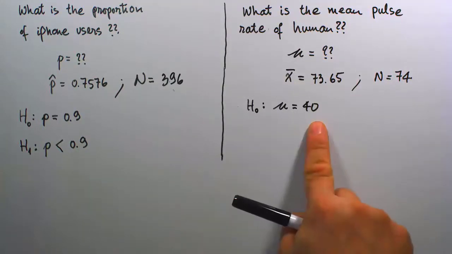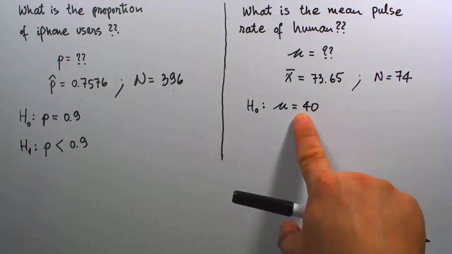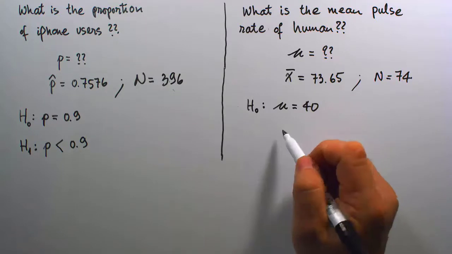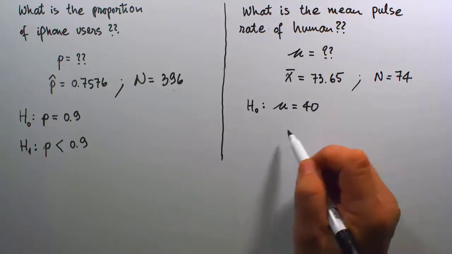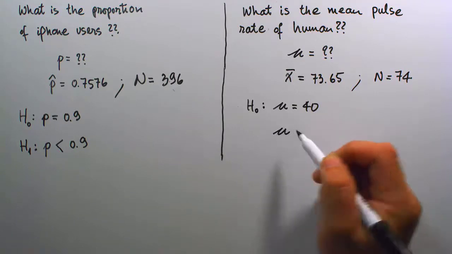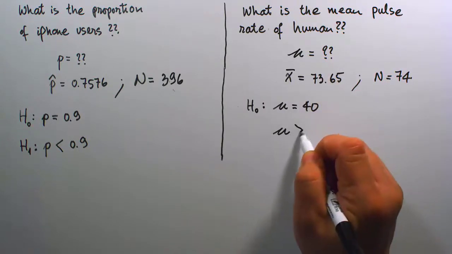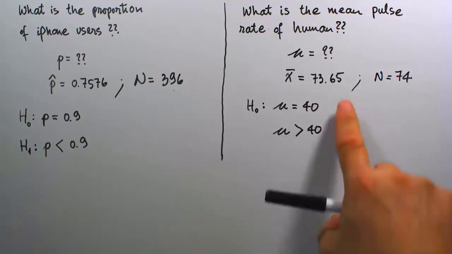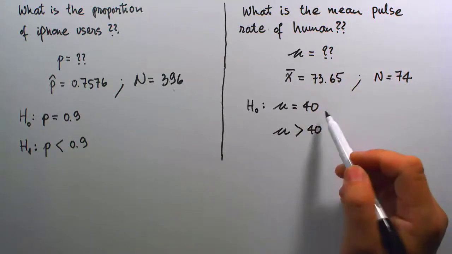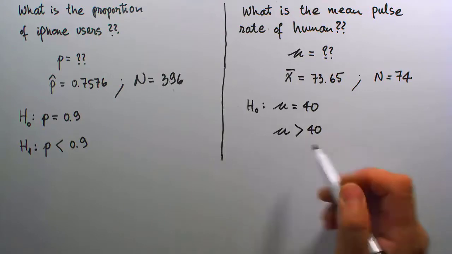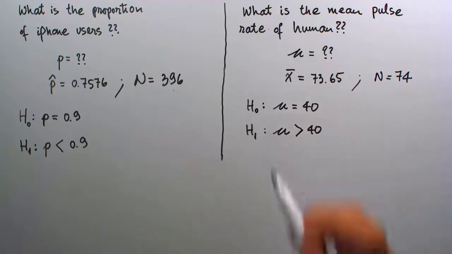Comparing this sample as our evidence with this stated null hypothesis, we can come up with a counter argument that, looking at our evidence, the mean pulse rate of humans should be generally above 40. So it's all about looking at the sample and comparing with whatever value is being claimed in the null hypothesis. And this is another alternative hypothesis relative to this current null hypothesis.